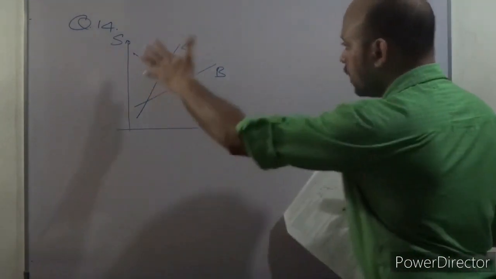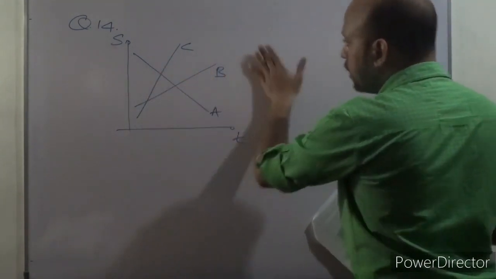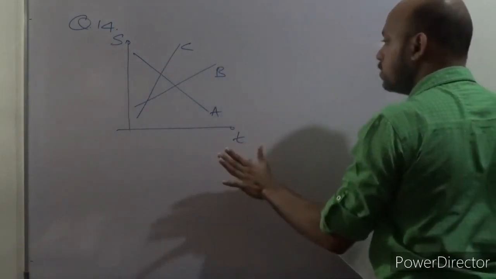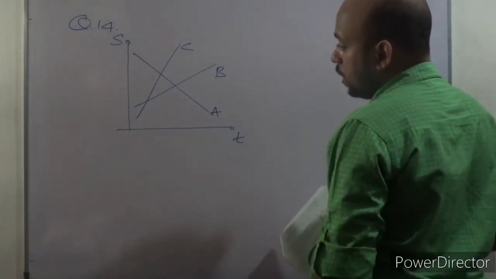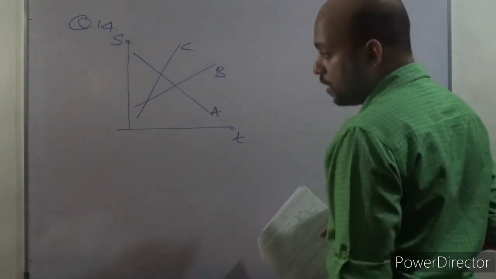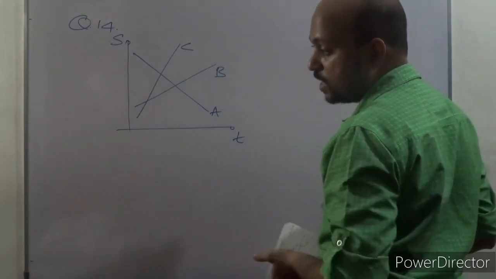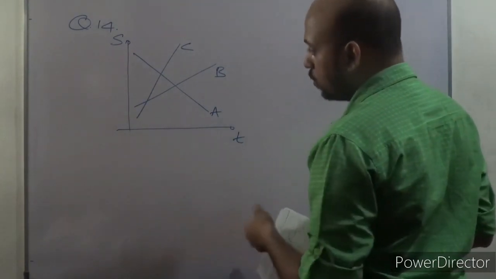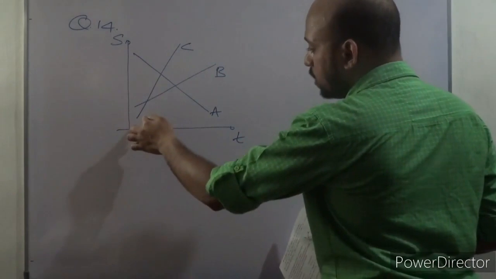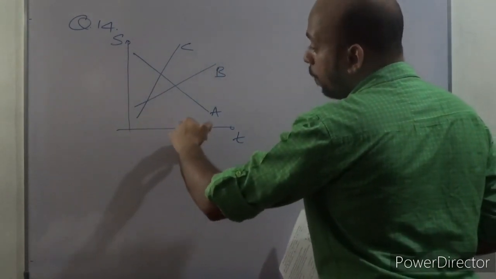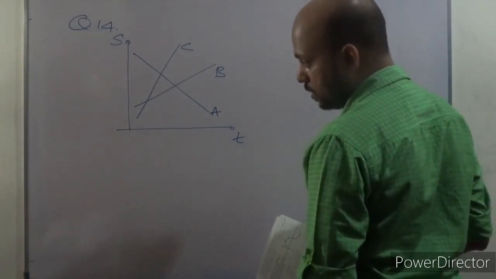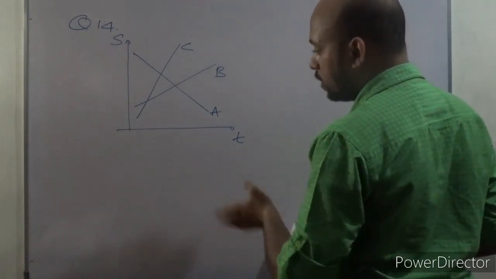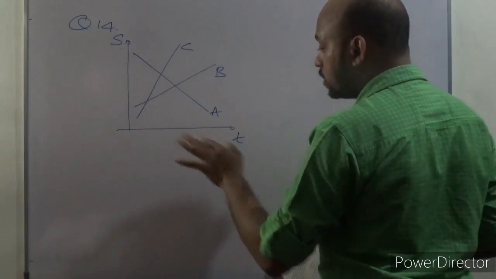All are in the positive side of displacement, but the sign of the gradient represents which direction it moves. Here B and C make an acute angle with the positive side of x, so B and C move in the same direction, but A makes an obtuse angle, so it moves in the opposite direction.